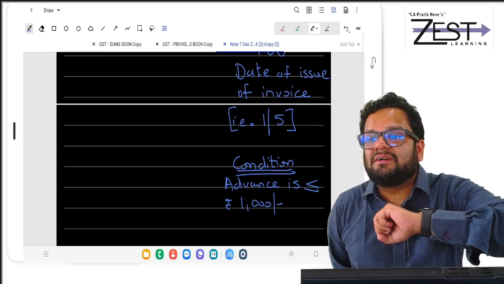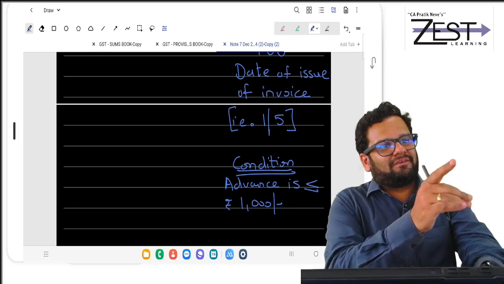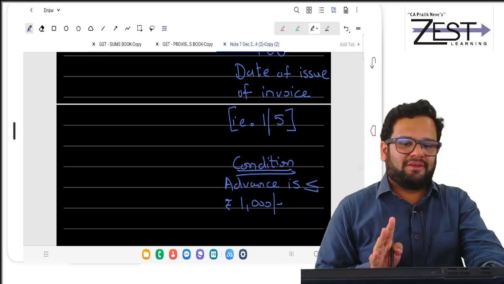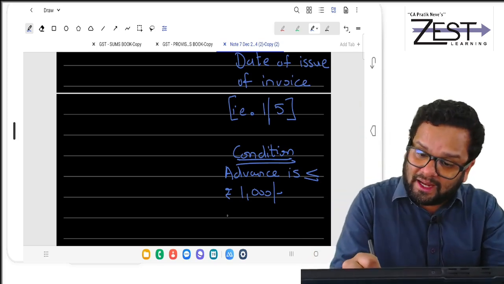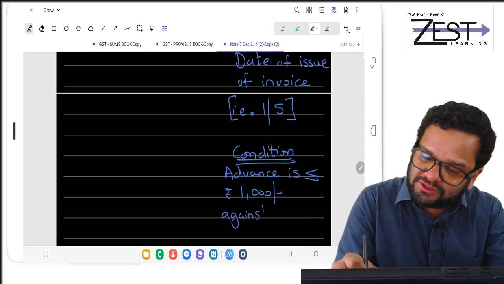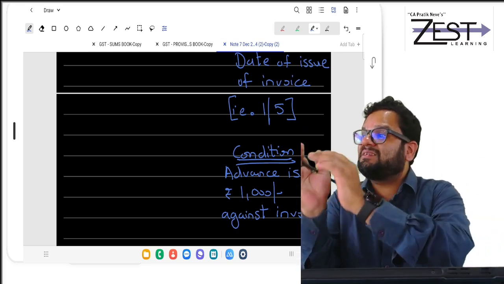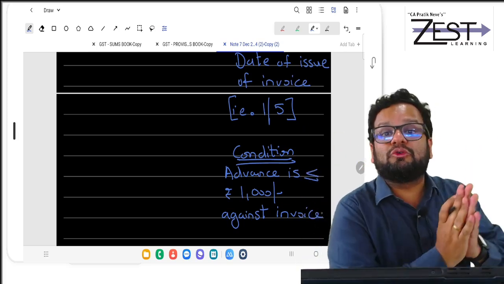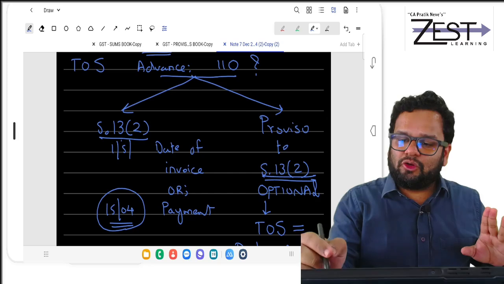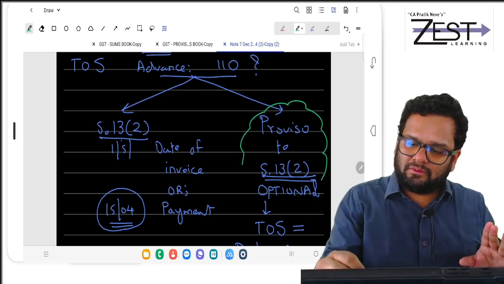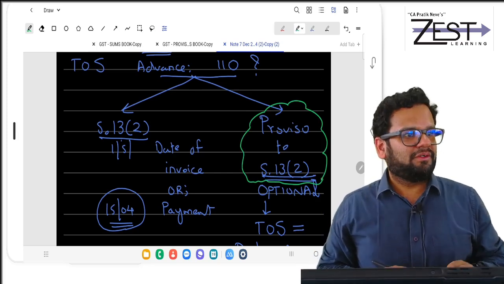Small means up to 1000. If it exceeds 1000, then they have to follow provision. So the condition is that advance is up to rupees 1000 and that too against an invoice. It's not that I did not get a bill and I paid advance. No. Against the bill, I am paying excess up to rupees 1000. Then Airtel can follow this proviso. Understood?